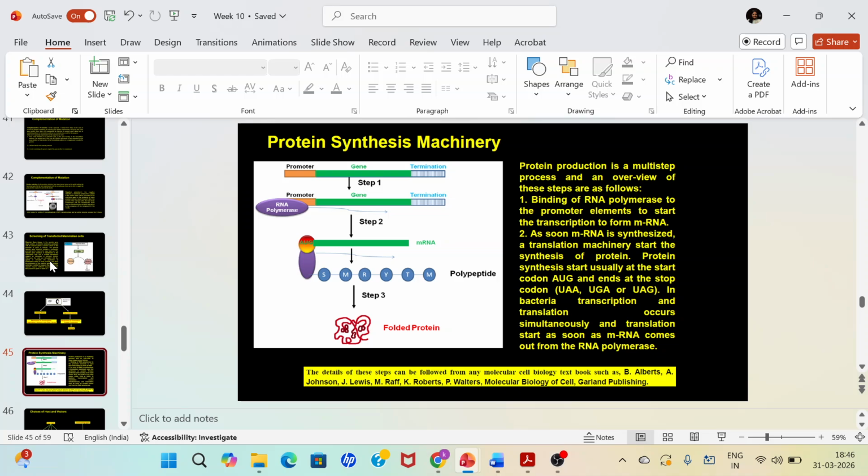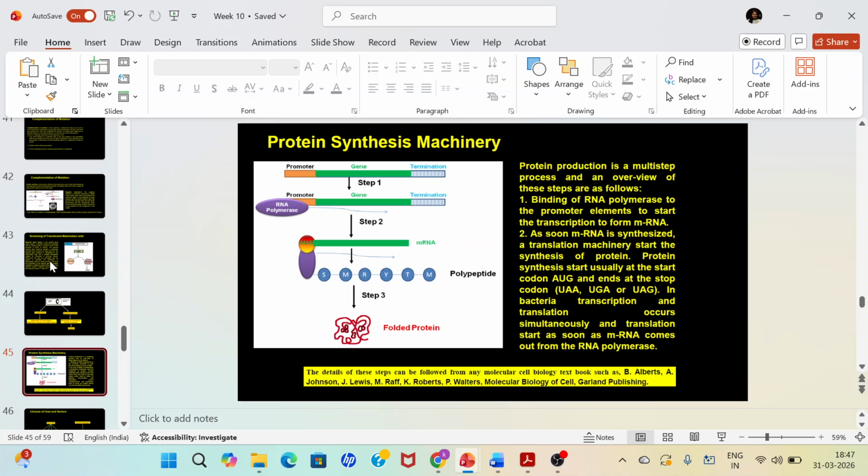Okay. So as soon as mRNA is synthesized, the translation machinery starts the synthesis of the protein. Protein synthesis usually starts at the start codon AUG and ends at the stop codon, that is either UAA, UGA or UAG. These three are stop codons. Any of them can be there as an indication of the stop codon. Okay.